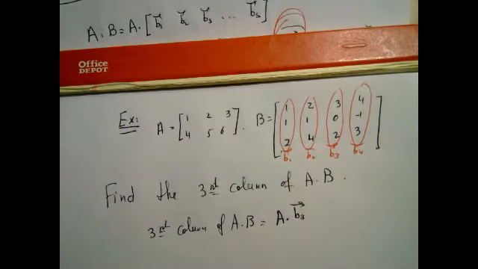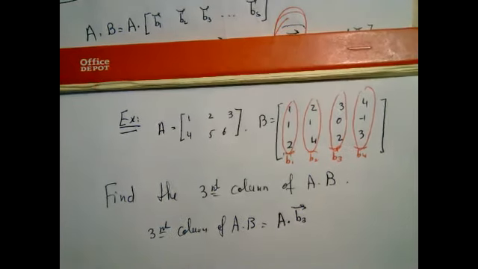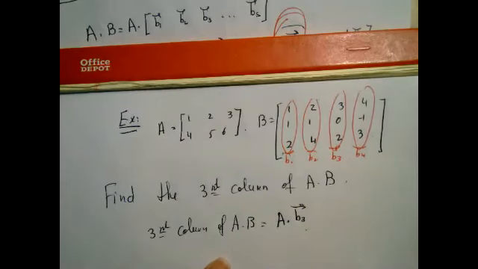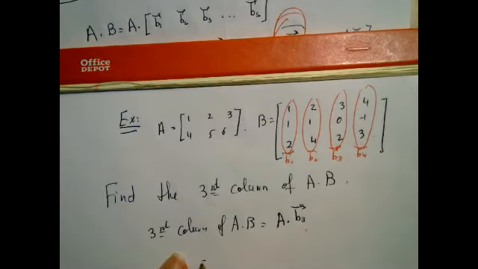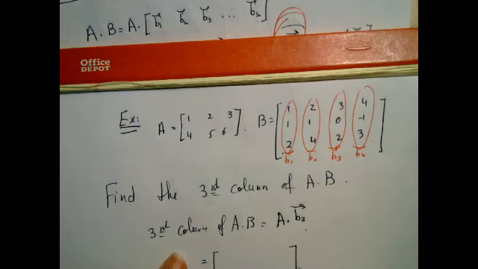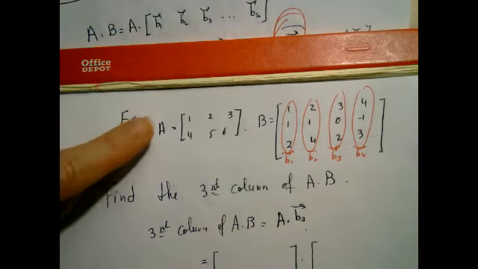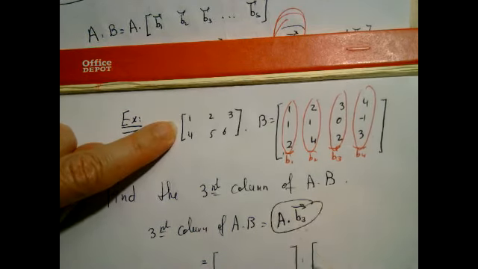So if I ask you to write the third column as the product of a matrix and a vector, that's the matrix and that's the vector. That's really what the idea is. And now multiplying them is not really the big deal. The big deal is basically to understand what's really going on here. That's how we can pick up the third column, and that's how I can write it.